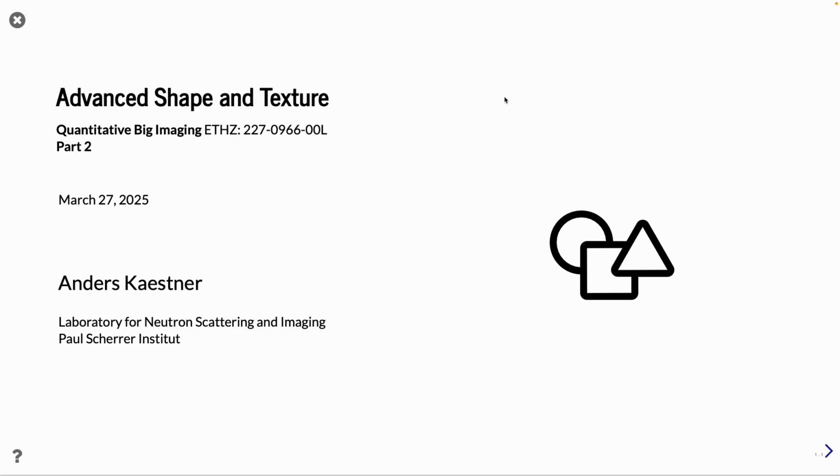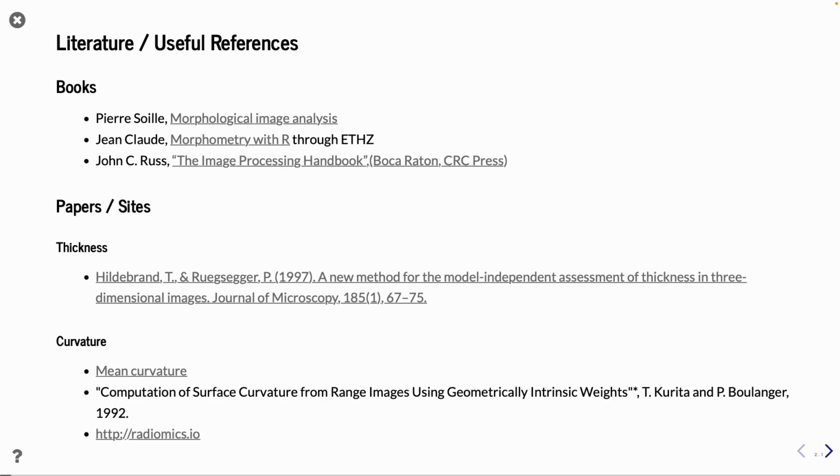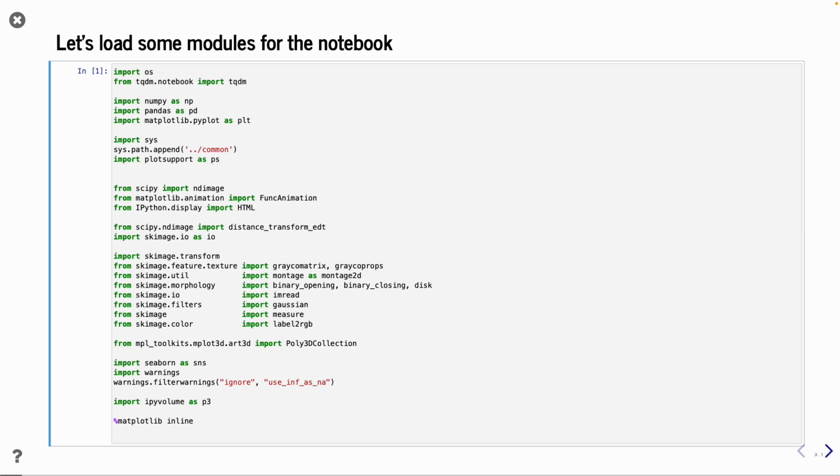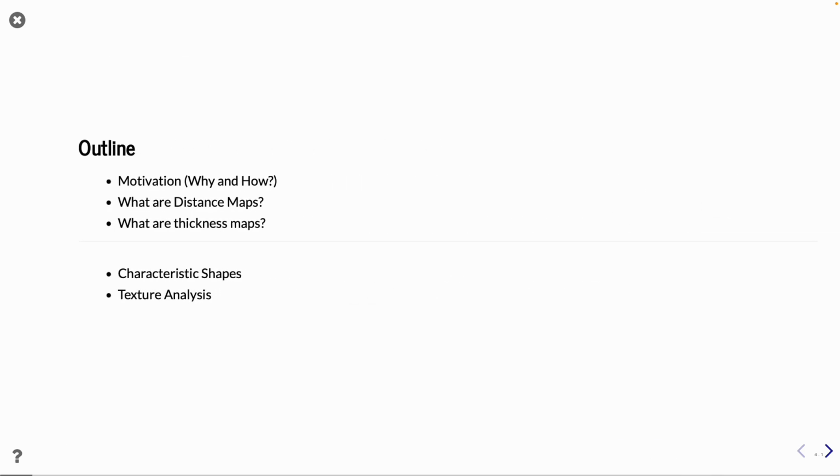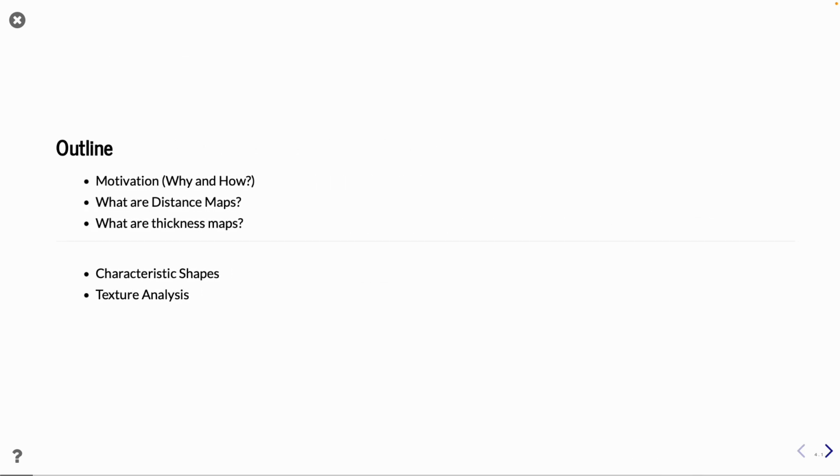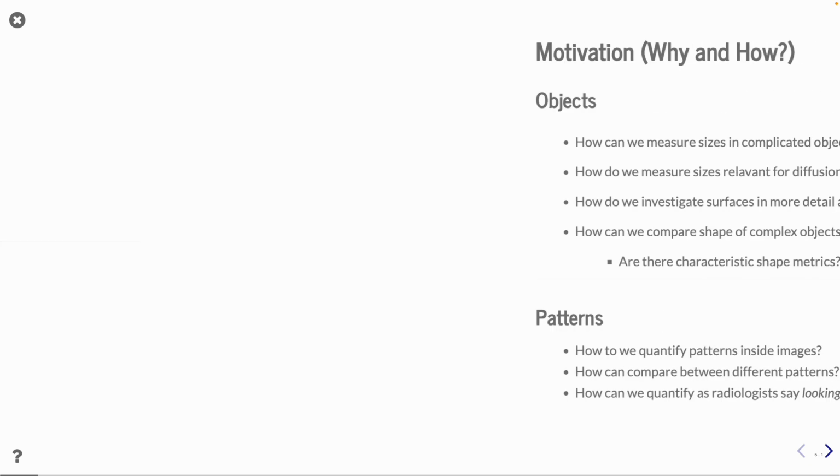So let's go on and look at more shapes and something called texture. And again, lots of literature. I think I ran it already, but let's do it anyway for safety. Now we're going to look at something called distance maps and thickness maps, and also at characterizing shapes and looking at textures in the images.